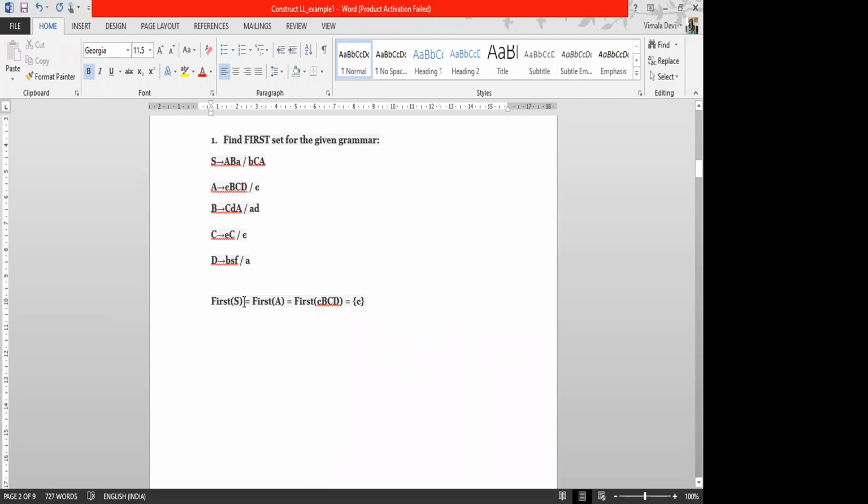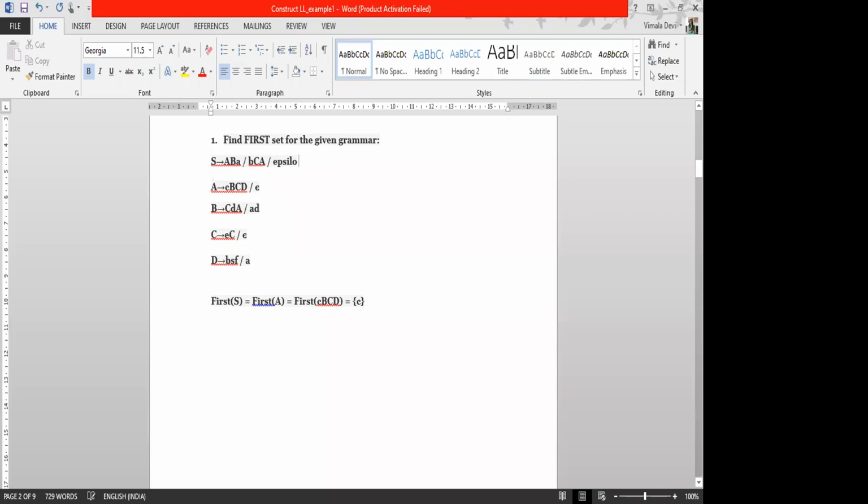First set of S contains epsilon only if S directly produces epsilon like this, or the rule says if all the symbols on the right hand side are variables and every variable produces epsilon, then indirectly S produces epsilon.